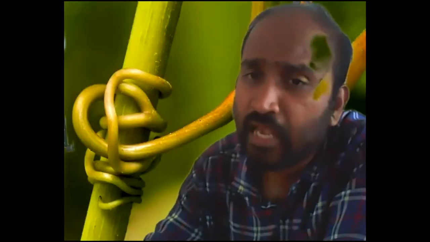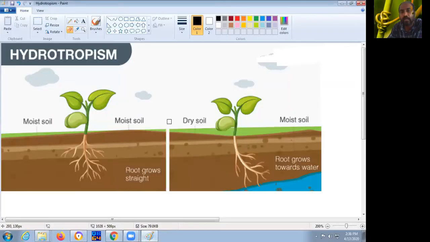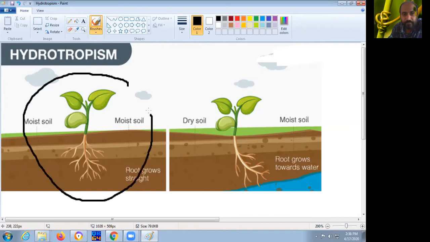Now we'll discuss hydrotropism. Again, what is the stimulus? Water. Now I'll share my screen again and show you a picture. Here you can see this particular plant, a normal plant living happily.